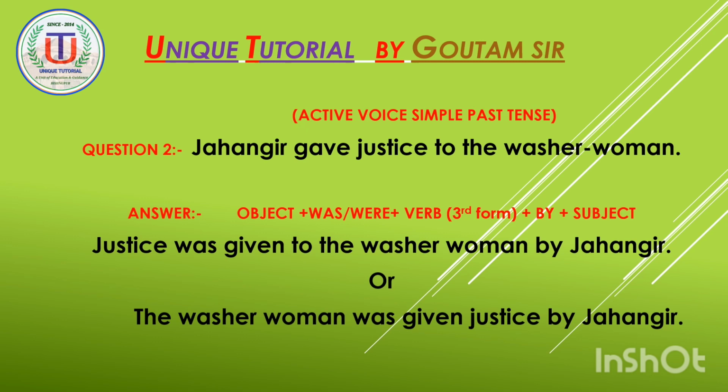So according to the structure, the object will come first. Here the object is justice. Justice was given to the washerwoman by Jahangir. And there is another object, that is the washerwoman. The washerwoman was given justice by Jahangir.